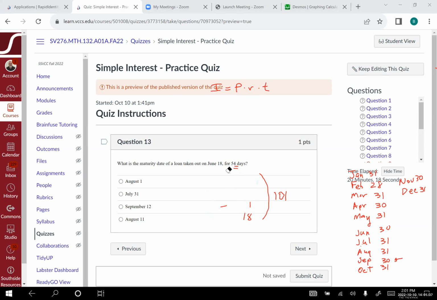All right, here is a similar one. Let me give you a few minutes to do this. You start in June and you keep going until you get up to 54 days and see where that is.